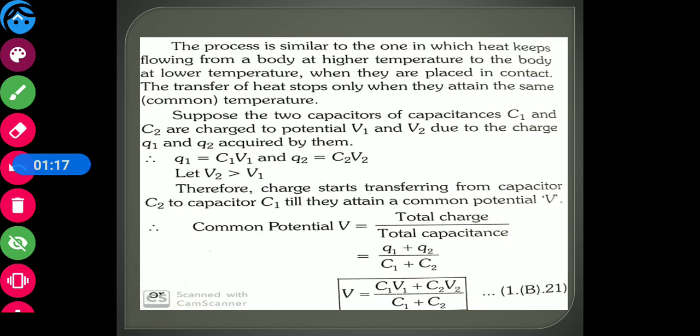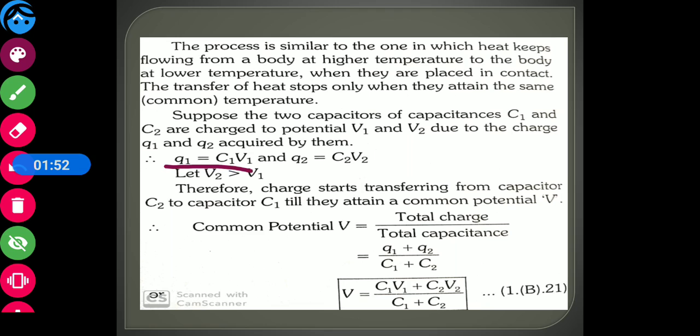The process is similar to the one in which heat keeps flowing from a body at higher temperature to a body at lower temperature. When they are placed in contact, the transfer of heat stops only when they attain the same common temperature. So suppose two capacitors of capacitance C1 and C2 are charged to potentials V1 and V2, due to which they have charges Q1 and Q2.